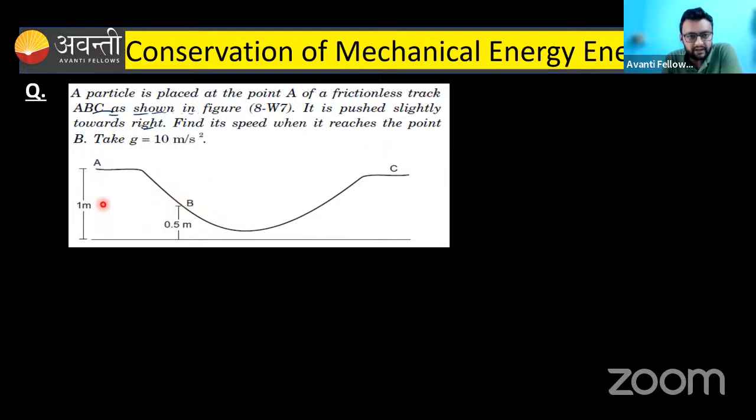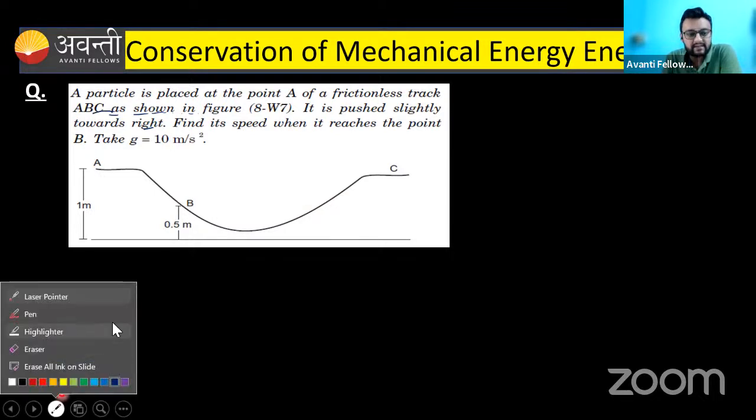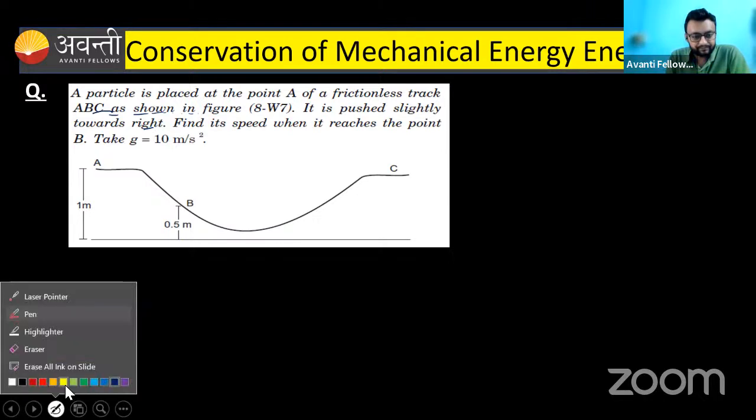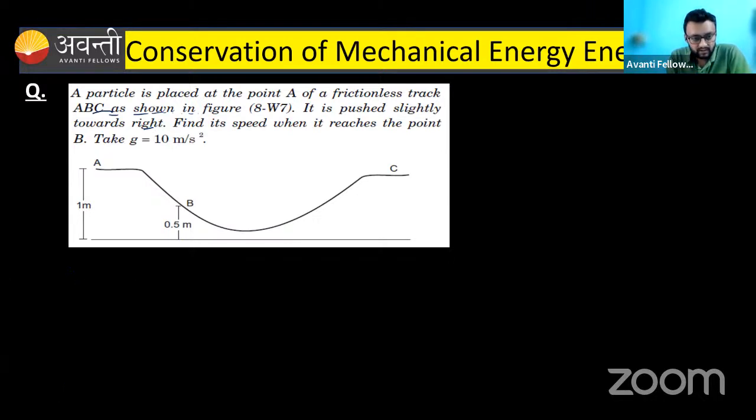The height of point A is 1 meter and the height of point B is 0.5 meter from the ground. Again, as there is no friction present, we can say that mechanical energy should remain conserved. If mechanical energy is to be conserved, then what can we write? Can you identify the situations?